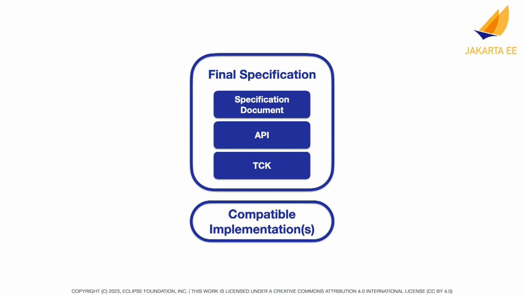And it's a Test Compatibility Kit, or TCK, that we use to test if an implementation fulfills all the requirements in the specification. When an implementation passes the TCK, it is a compatible implementation. We need at least one open source compatible implementation to call it a final specification. From there on, any license is good, but most of them are open source.